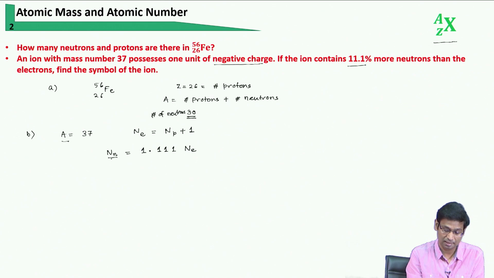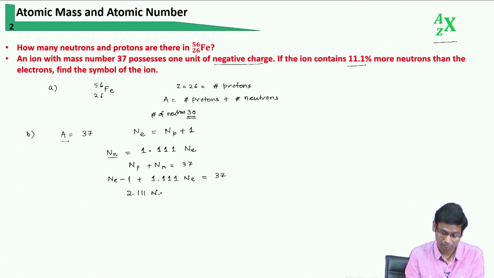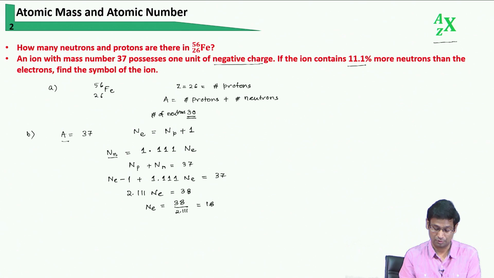If I add the number of neutrons to the number of protons, Np plus Nn is 37, but I know Np is Ne minus 1 and Nn is 1.111 Ne. So this is equal to 37. This minus 1 goes to the other side, and therefore the number of electrons becomes 38 divided by 2.111, which is 18. So it has 18 electrons.